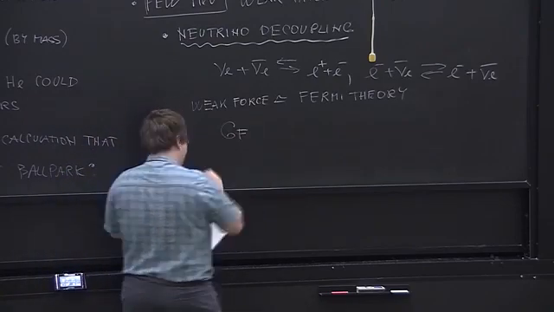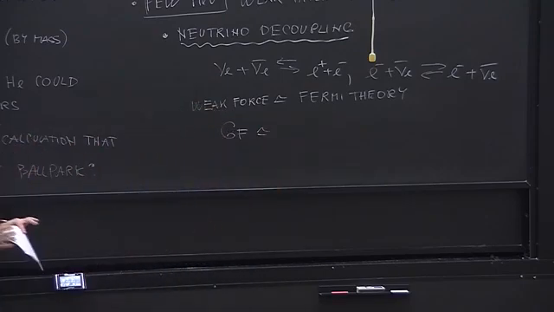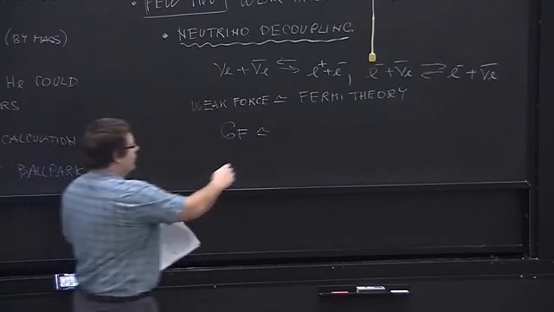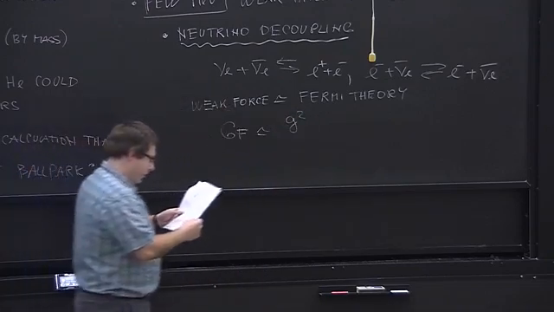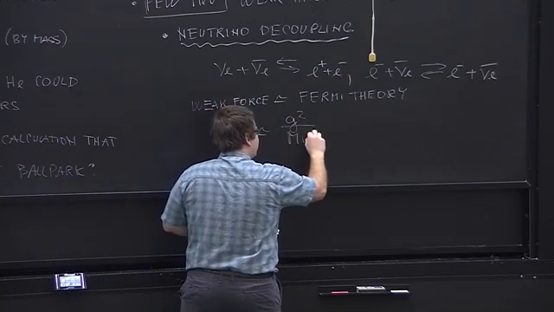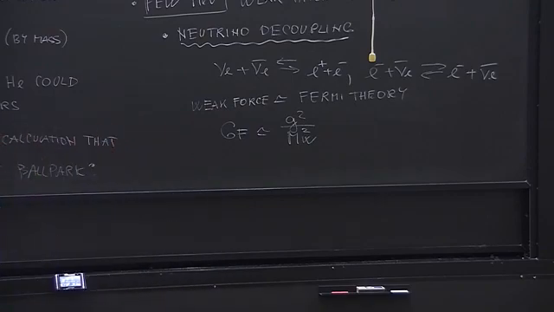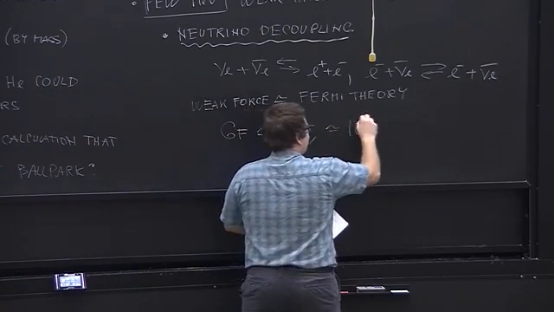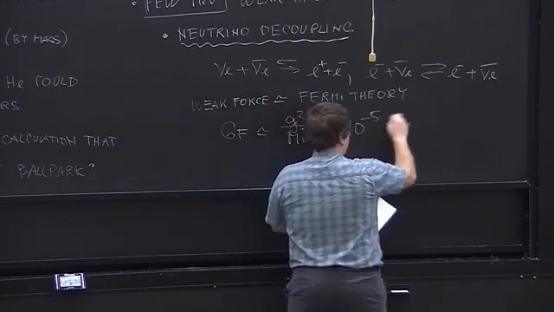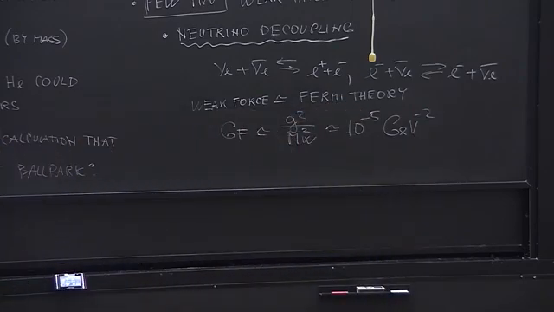G_F is, well, you have two interactions of the intermediate things, so that's why you have g squared, where g is the coupling of the weak theory, divided by the mass of the W squared in the non-relativistic approximation. If you calculate this, it's 10 to the minus 5 GeV to the minus 2. That's the strength of the coupling in Fermi theory.